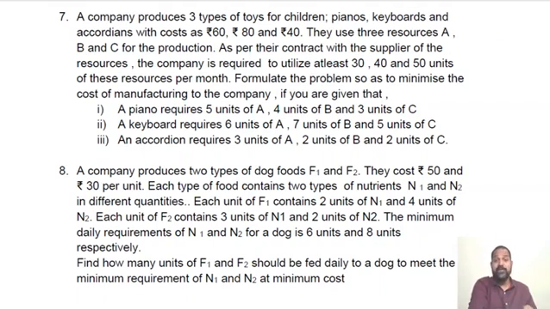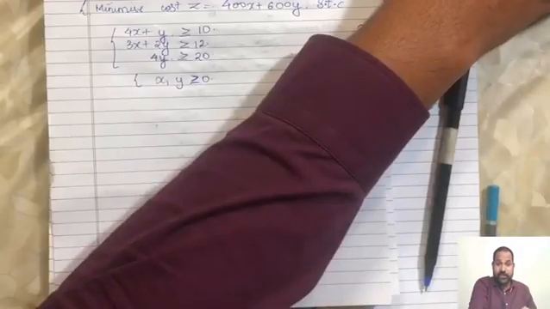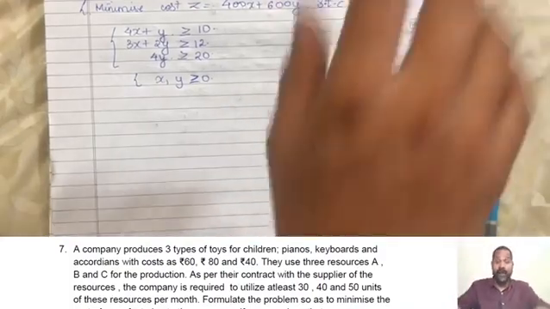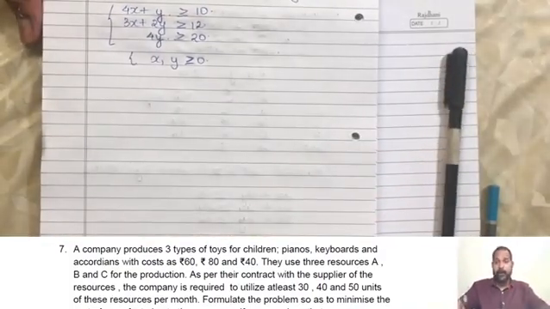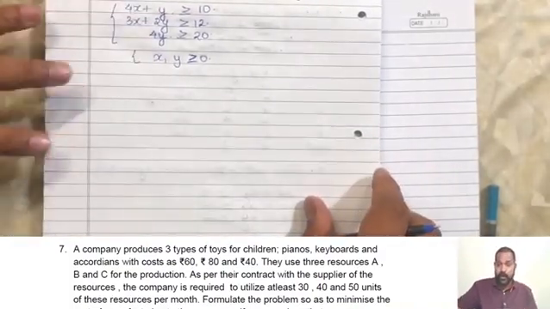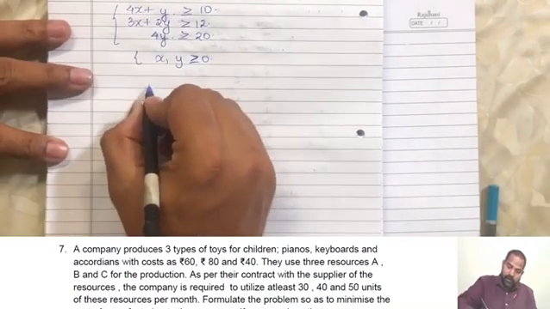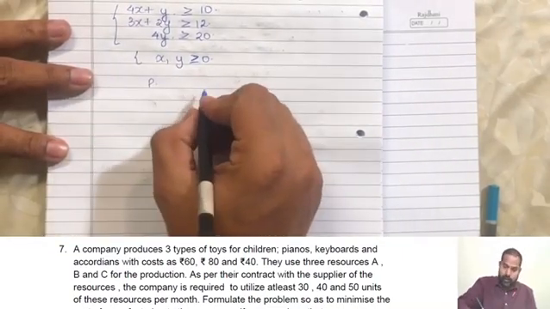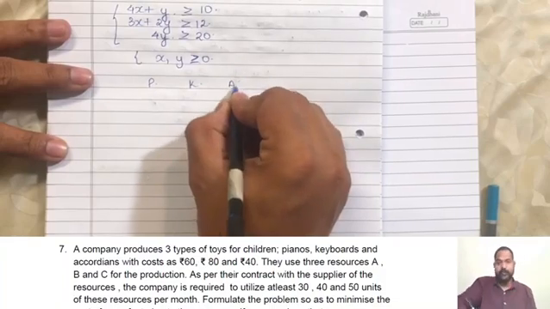You have to minimize the cost of 3 types of toys, and that is piano, keyboard and accordion. Can I say a little dynamic has changed with respect to the fact that there are 3 products now. What are the 3 products? Well, the 3 products are piano, keyboard and accordion.